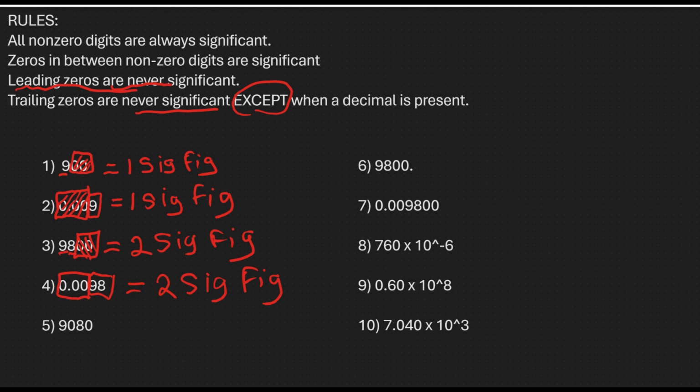Example number 5, we have the 9, which we know is significant. The 0, which is in between 8 and 9, and rule number 2 says zeros in between non-zero digits are significant. Therefore, this 0 in between the 9 and 8 is significant.